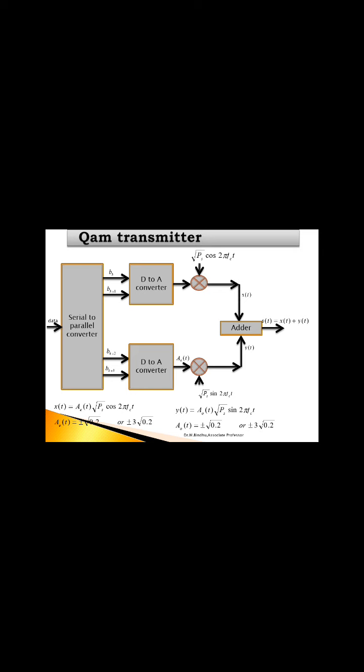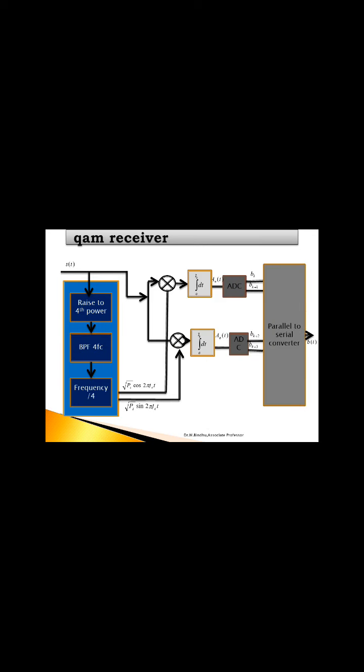So S of t you take as AE into cos omega ct, Y of t is taken as A naught into sine omega ct. What are AE and A naught? We have found it is 0.2 and 0.1 root ES. So that is what has been mentioned here.